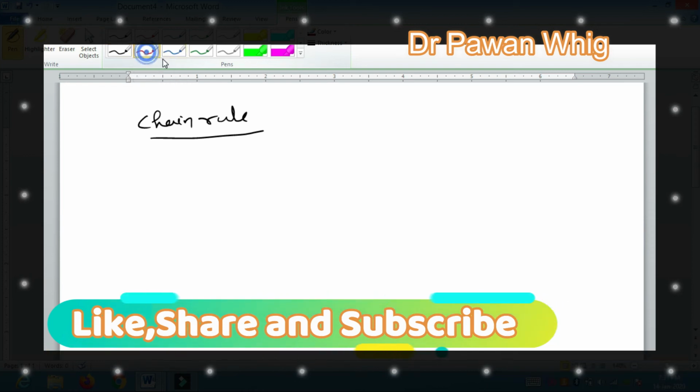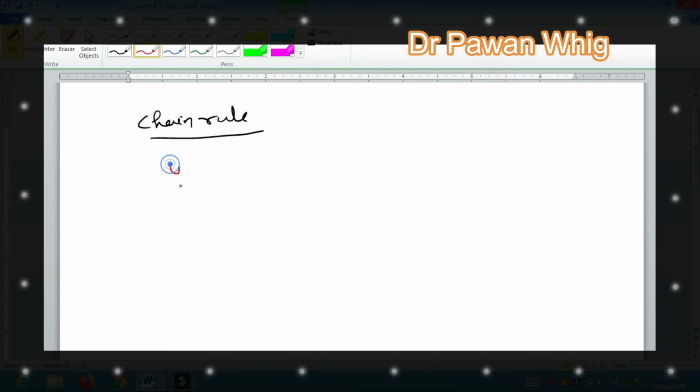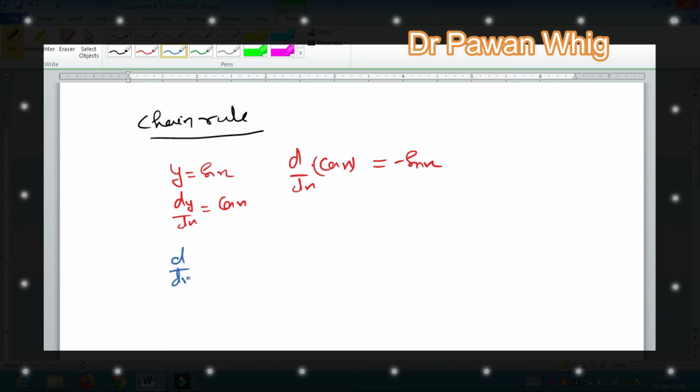Actually we have some standard formulas, like the differentiation of sin x is cos x, and the differentiation of cos x is nothing but minus sin x. This everybody knows. But what will happen if we have to differentiate, let us suppose, sin 2x?